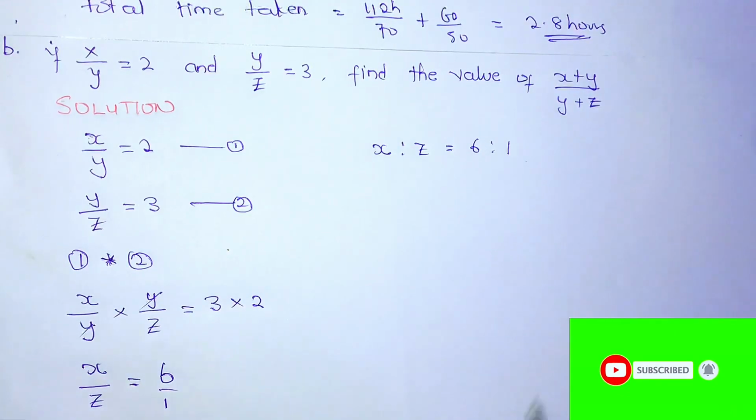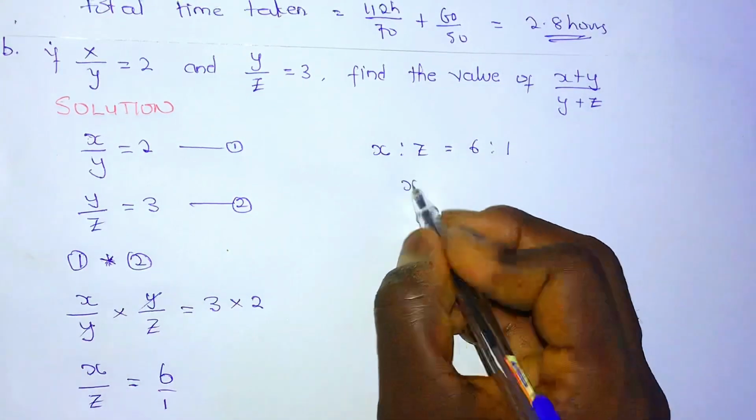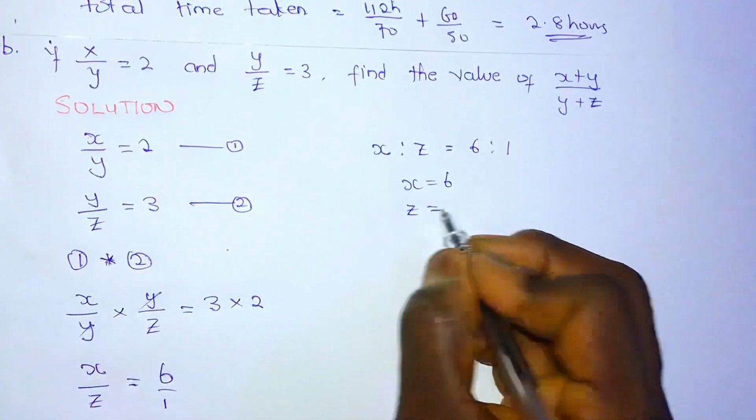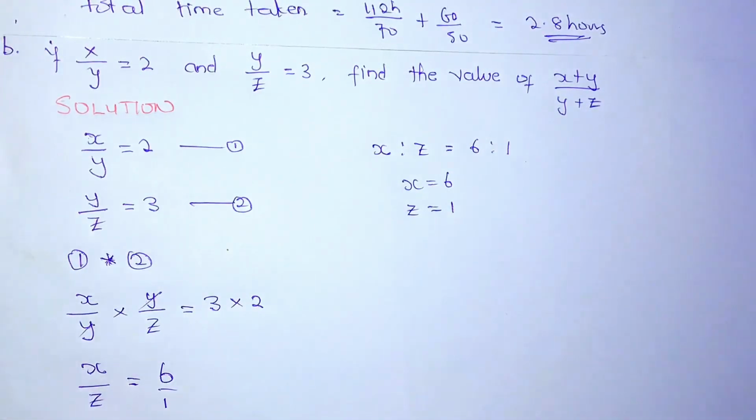In this same way, we can conclude that x is equal to 6 and z is equal to 1. So if we have x and z, we can find y.